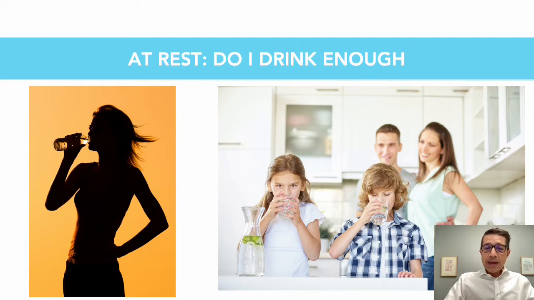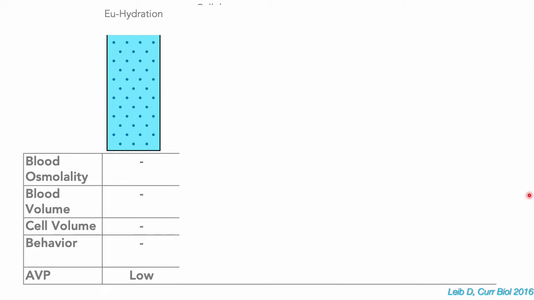But for many people, as I showed you earlier, many people do not drink enough, at least according to the dietary guidelines. So let me walk you through these cases of what euhydration is and different types of dehydration.